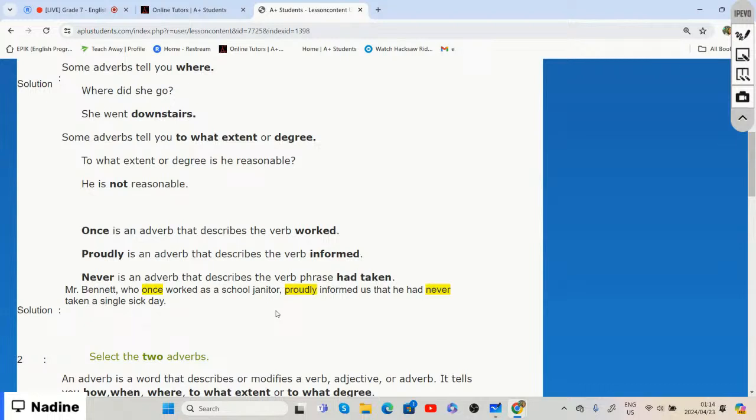Never, proudly, and once. Right? So once is an adverb that describes the verb worked. Proudly is an adverb that describes the verb informed. And then never is an adverb that describes the verb had taken.